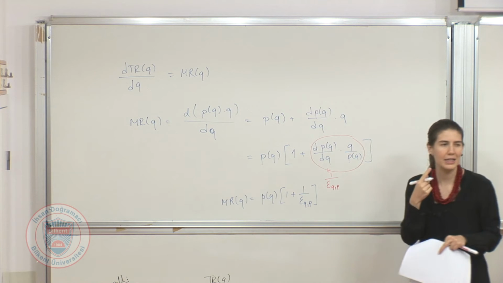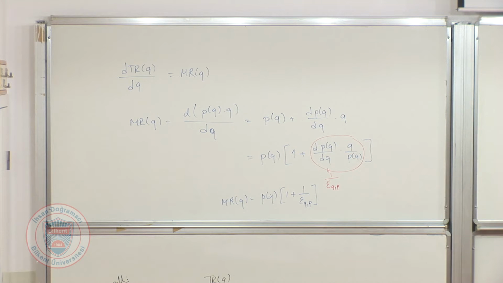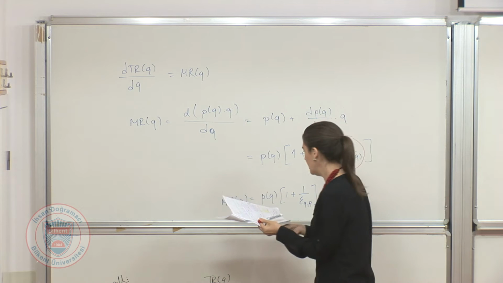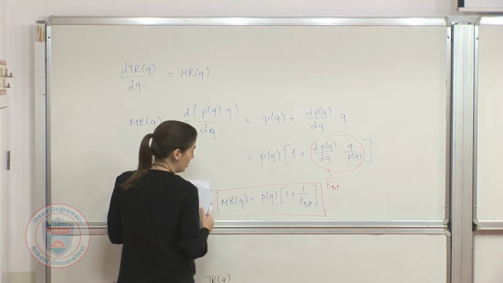Remember when we defined elasticity, we used X and P of X. So here, instead of X, we're going to use quantity and then price is there. So this is another way of expressing marginal revenue.